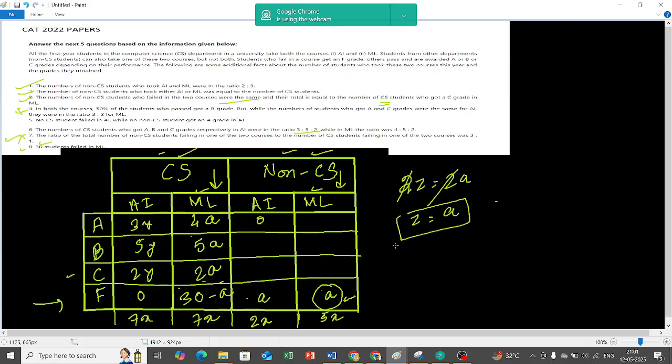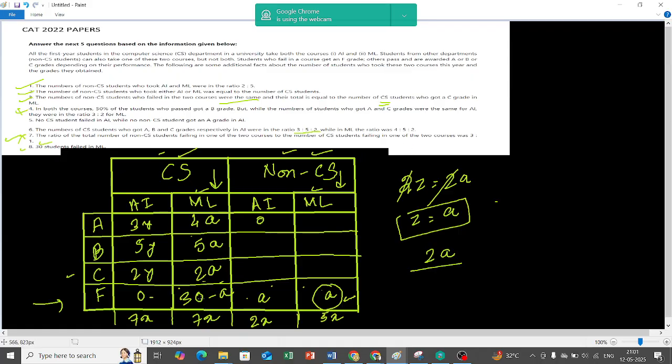Information number 7 says the ratio of the total number of non-CS students failing in one of the two courses, so that means 2A, because these are the people failing in non-CS, A plus A, to the number of CS students failing in one of the two courses.